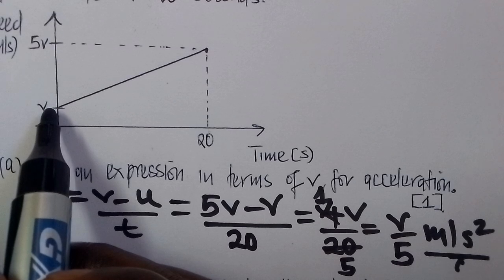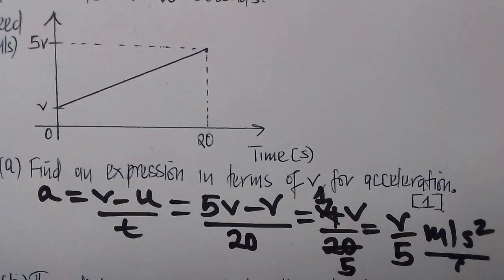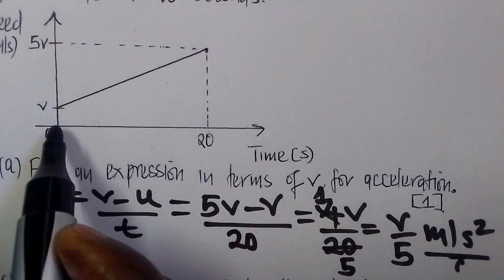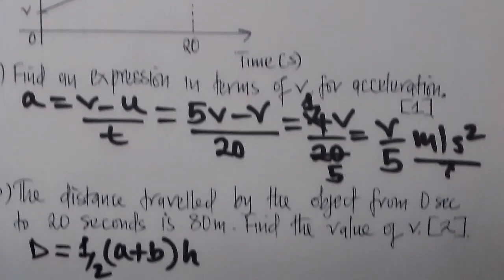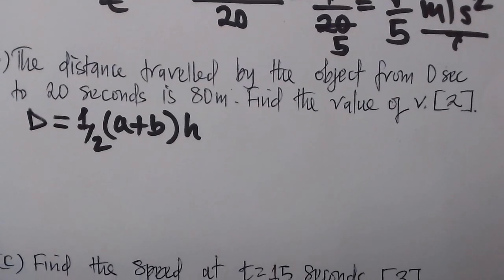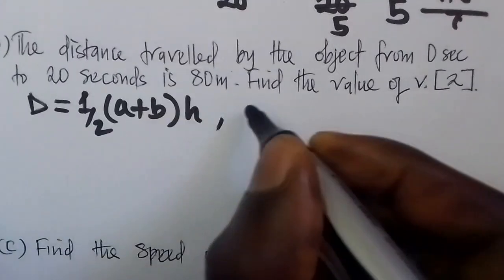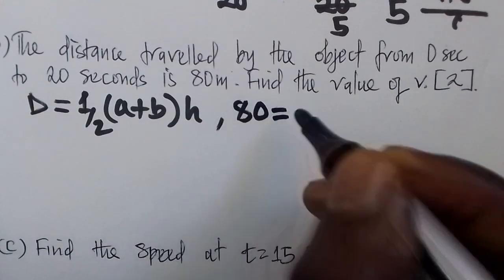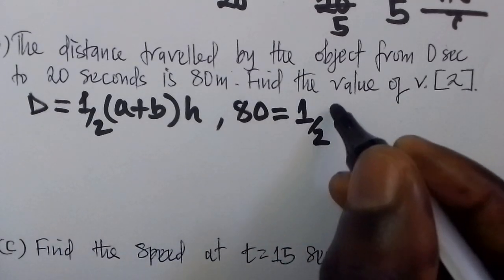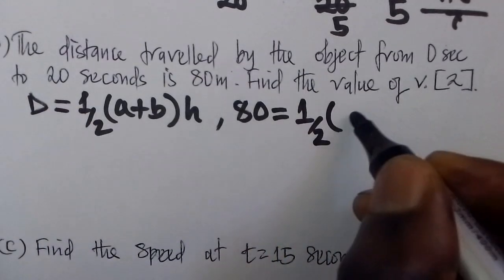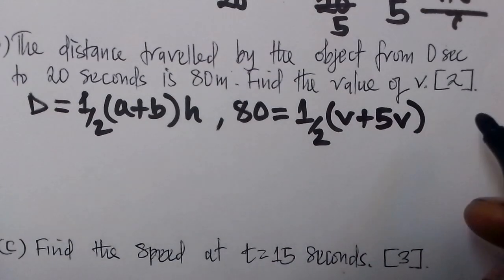So we'll take this one as A from 0 to v, and then 0 to 5v as B. Then the height is 0 to 20, so basically 20. And then they've given us distance. Distance is 80 meters. So we're going to substitute as follows. On distance, we're going to put 80 equal to 1 over 2 open bracket. On A, we'll put v, then on B, 5v, then close bracket.